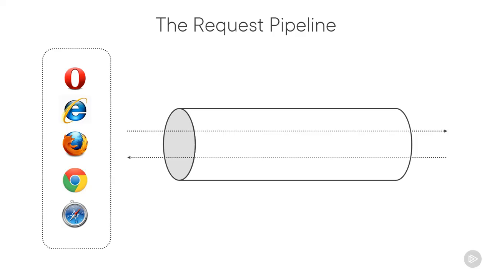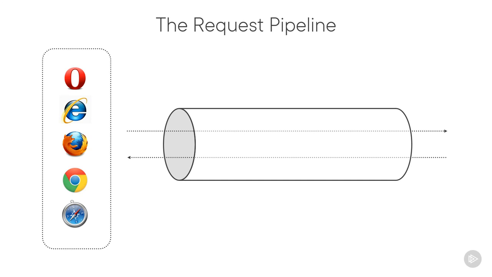Once a request reaches our application through Kestrel, it is processed by a number of steps that make up the request pipeline. These steps are called middleware. All middleware in order will have the chance to do something with the request, forming the response.